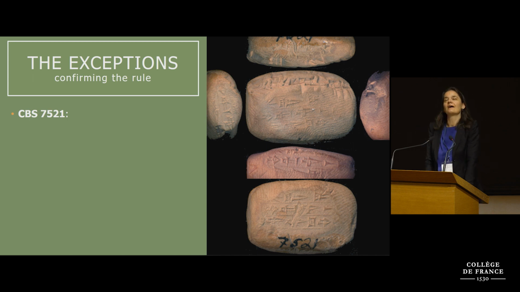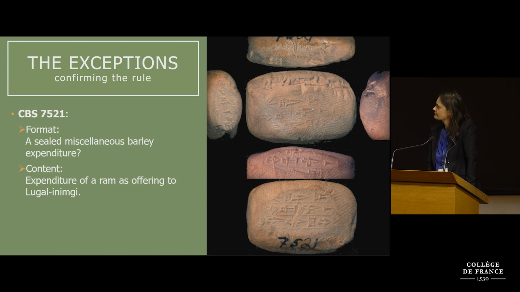I was identifying all the seals, also in the Philadelphia collection, and in his review, Jomber said there's another one with the sealing, but I overlooked it, because this is not a miscellaneous barley expenditure, it's an expenditure of a ram as an offering.